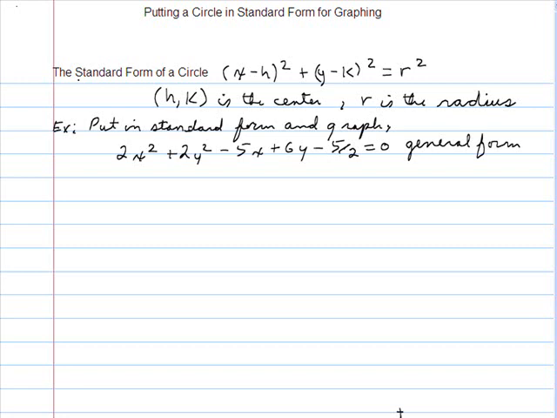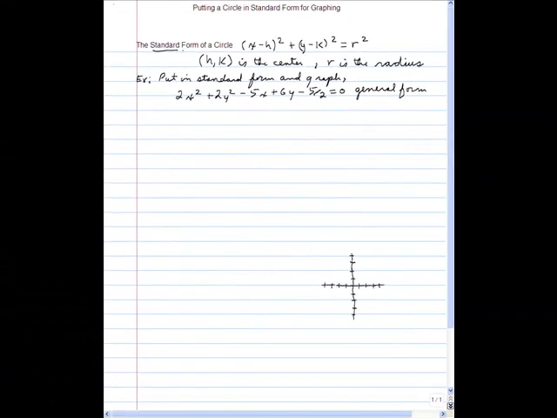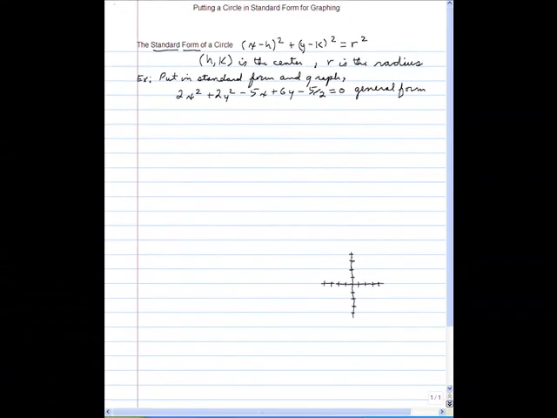But if I can get it in the standard form of a circle, which is this form here, (x minus h) squared plus (y minus k) squared equals r squared, then h, k, this number comma this number, is the center of the circle, and if I take the square root of r squared I get r, which would be the radius. Now imagine if I knew the center and I knew the radius.